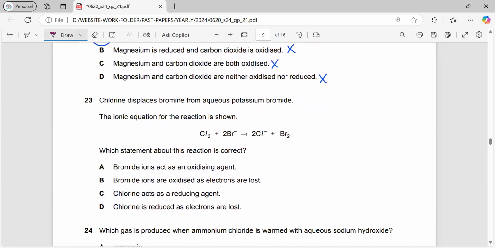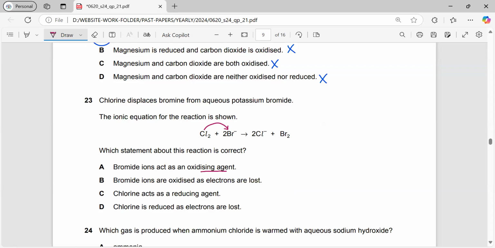Next question. Chlorine displaces bromine from aqueous potassium bromide. The ionic equation for the reaction is shown. Which statement about this reaction is correct? Chlorine displaces bromide ion and becomes chloride ion, and bromine is formed. Option A: bromide ions act as an oxidizing agent.